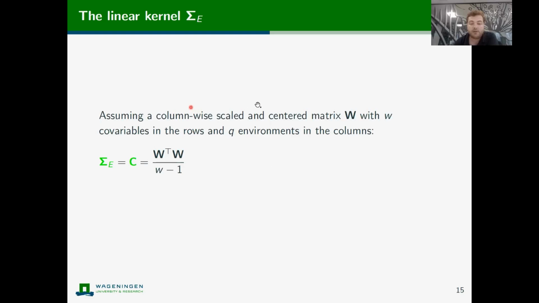They need to be column-wise scaled and centered, and then we can take the transpose of that matrix, multiply by itself, and then divide by W minus 1, which would be the number of environmental covariables minus 1. This would give us our linear kernel, let's call it C, which we would then use in place of this covariance structure that we maybe would have to estimate from the data.